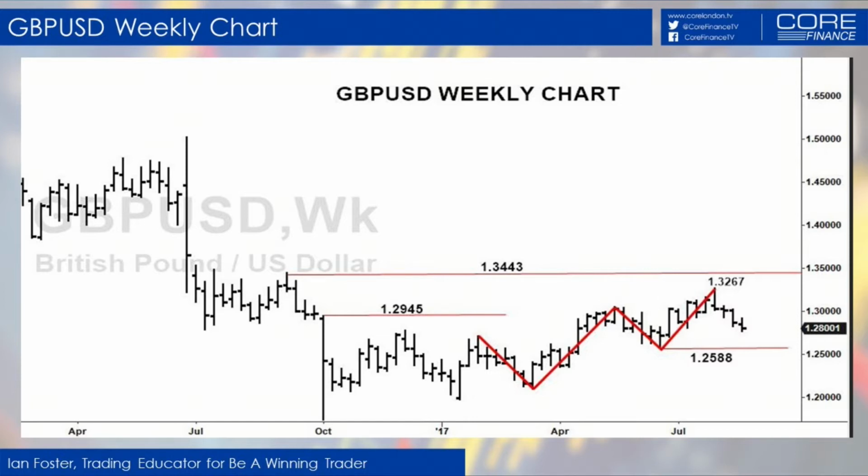So that would mean that if it was a higher low than 125.88, technically speaking, if we're to continue in this trend that has been going on for this last couple of months, it would perhaps give us a higher high, which would then give us a target of 134.43, which was the previous resistance up there.